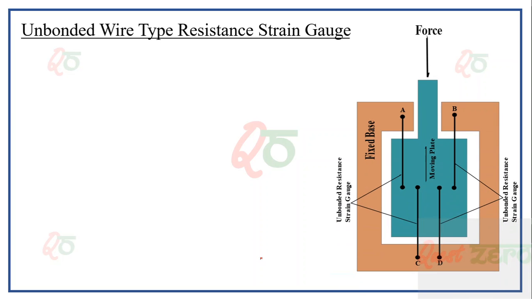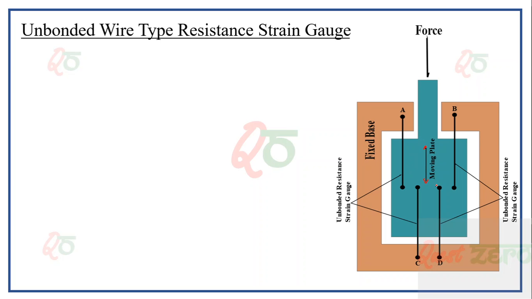If you observe the diagram on the right, it consists of two bases. One is a moving base and one is a fixed base, or we can call them two plates. One plate is fixed, the other one moves.